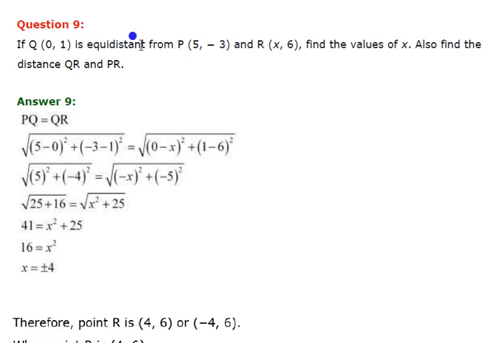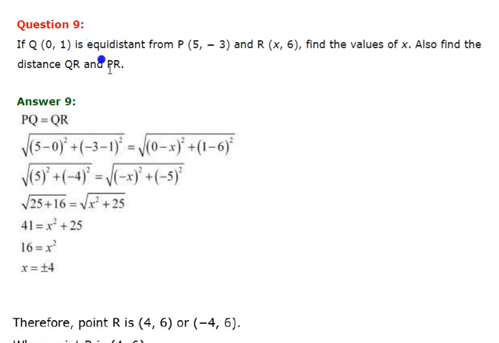So just find the distance QP or PQ, both are the same. This is the P point and this is the Q point. Suppose if you are taking QP, then your x1 y1 and x2 y2 will change. So no problem, the answer remains the same. Some students take x1 as 0 and y1 as 1, and others take this 0 as x2 and y as y2.